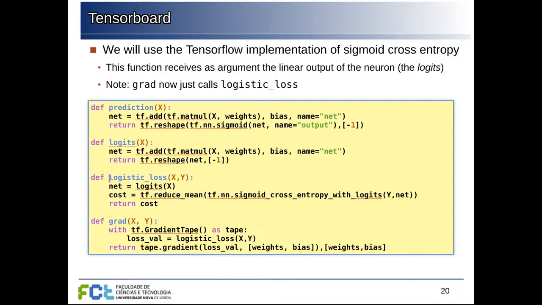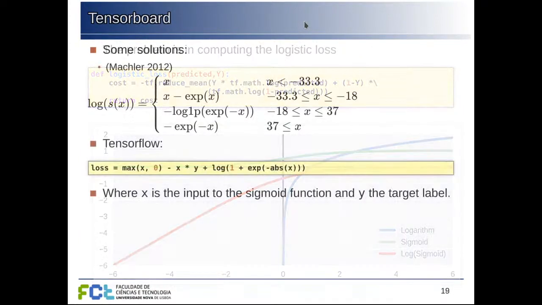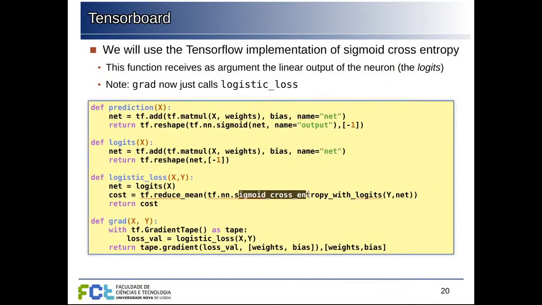And now, to compute the logistic loss, we're going to get the logits from that function, and instead of implementing ourselves the function which gives us these problems, we're going to use the sigmoid cross entropy with logits from TensorFlow. It's here in this neural network module. You can get the function there.